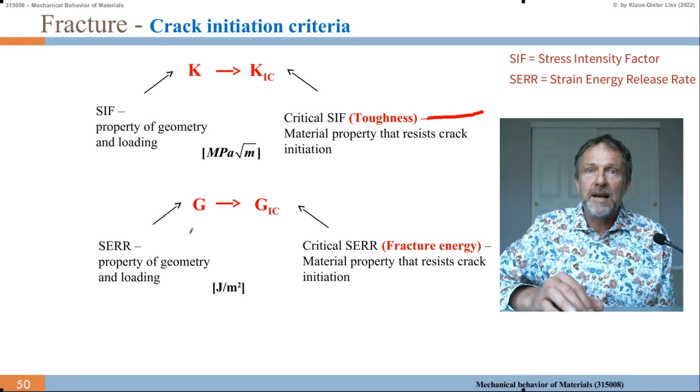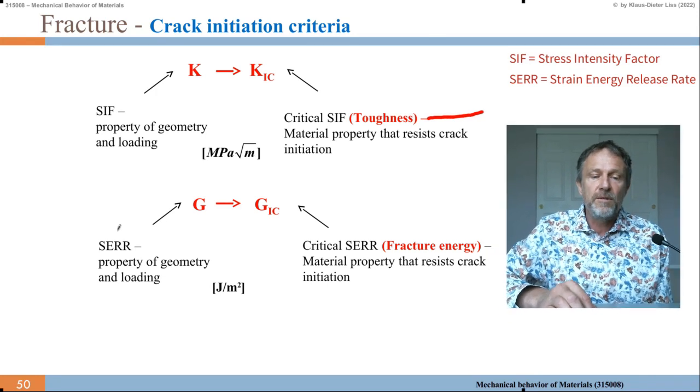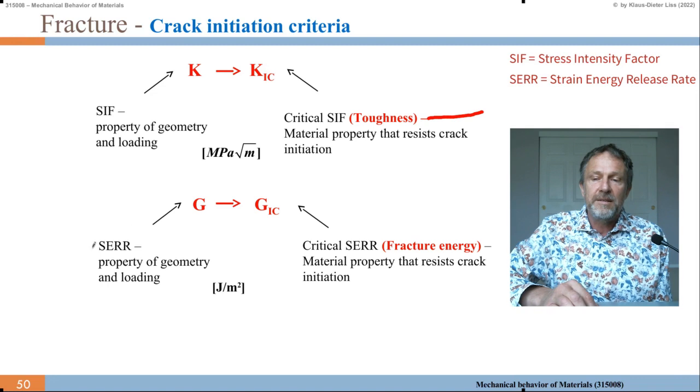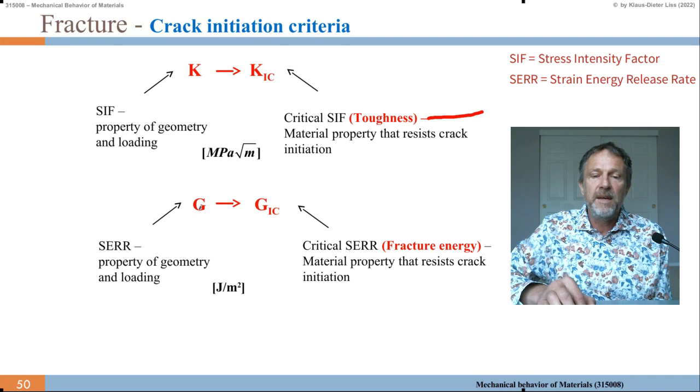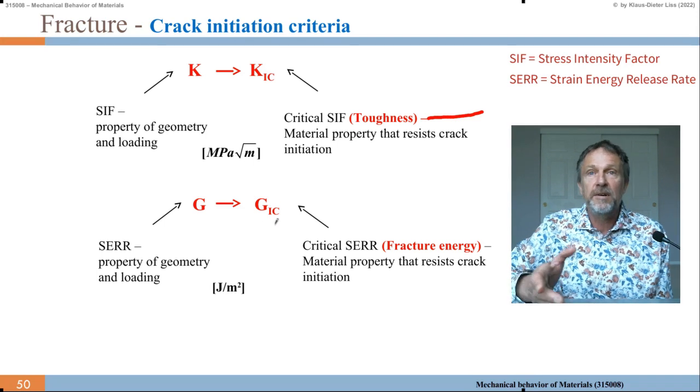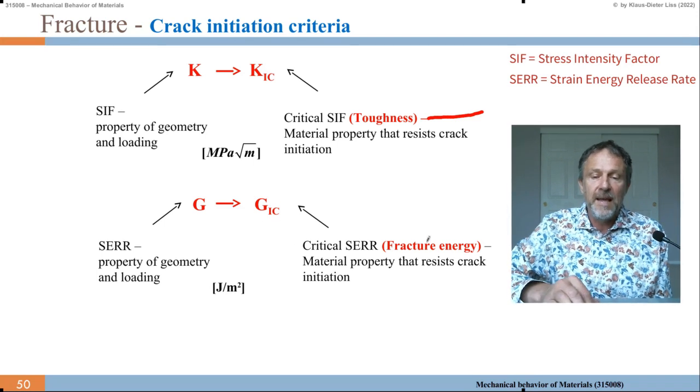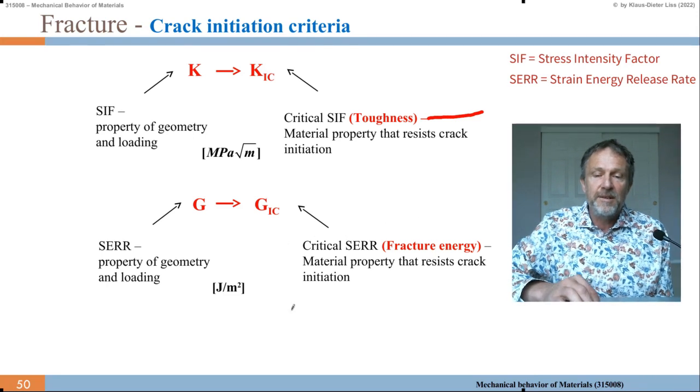And last time I introduced the strain energy release rate, SERR, which is also a property of geometry and loading. We call it G. And if that surpasses a critical value, also for this loading mode 1, let's say, then we have another material property that resists crack initiation.